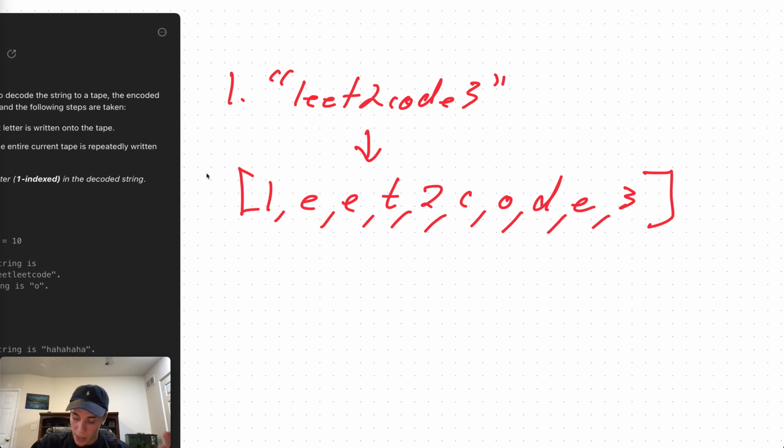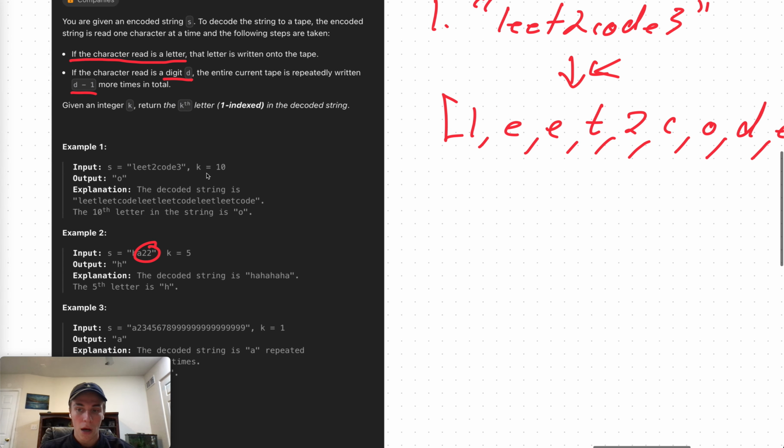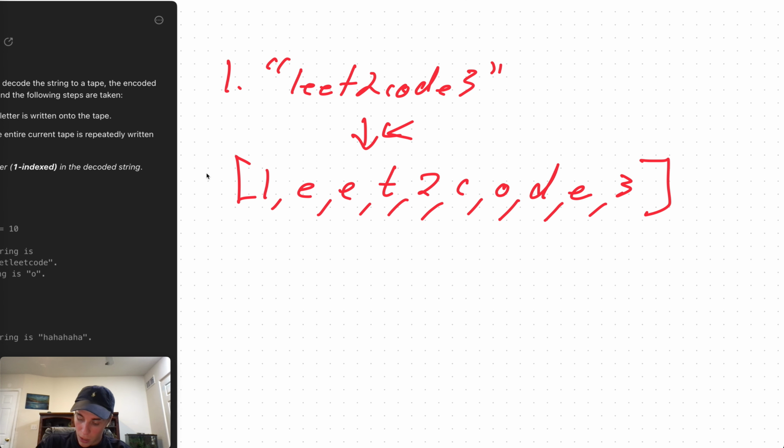There was some step in here that's not visible, which was if we see two integers repeated, we would multiply them. So for example, if right here this was like 2 code 3, then this would end up being 4, right? So just a quick step there.